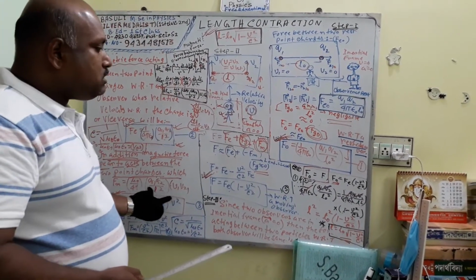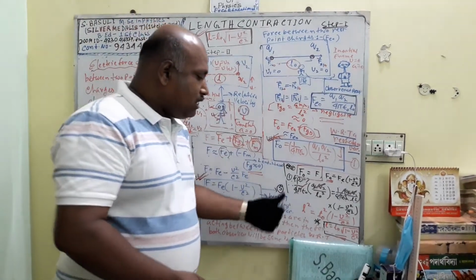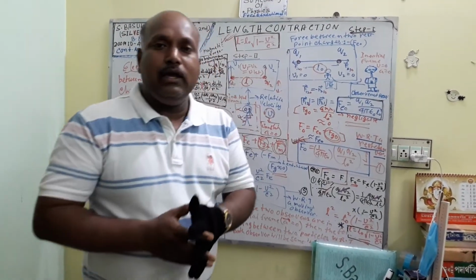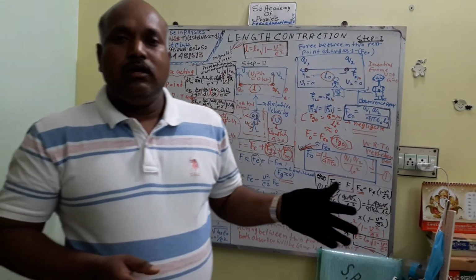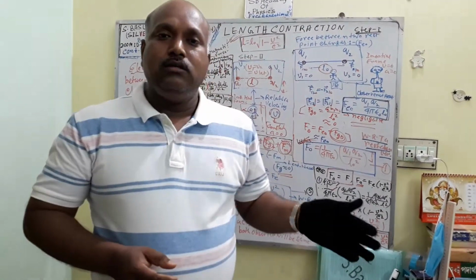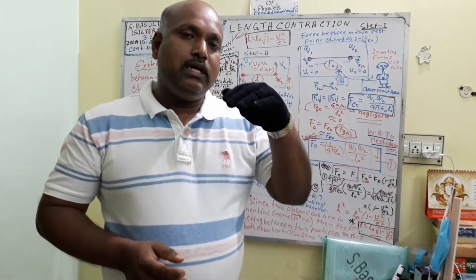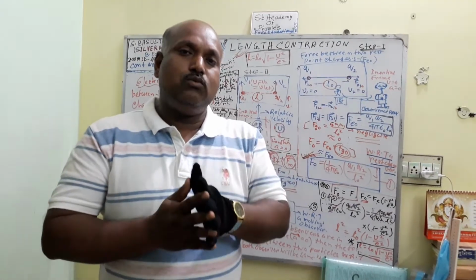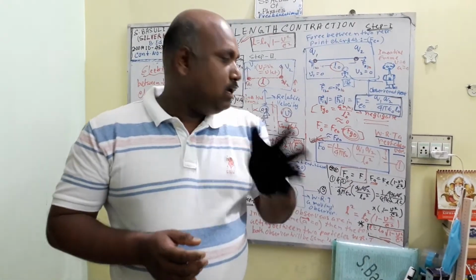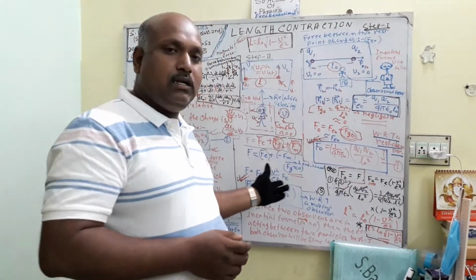This formula can be derived simply, and it can be understood by a HS level student, a 10th class student who has a simple idea about Coulomb force and magnetic force.